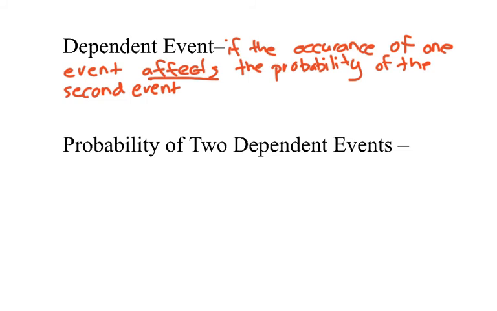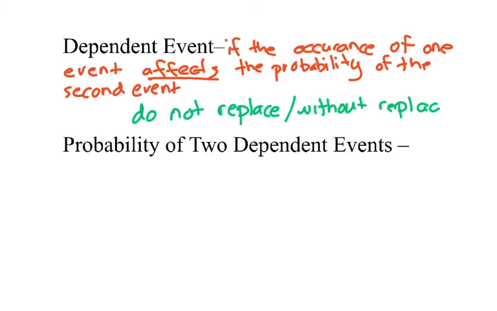For example, if we go back to our previous problem, if we do not replace, or without replacement, this changes our values for our subsequent probabilities.